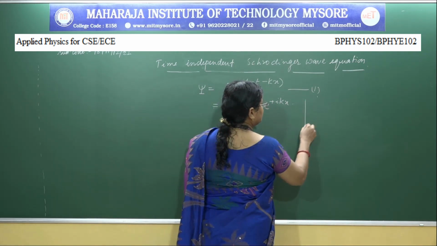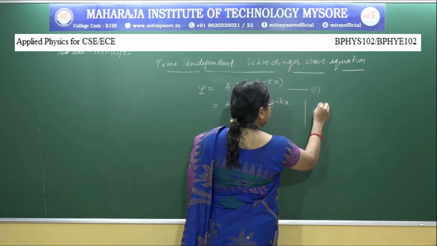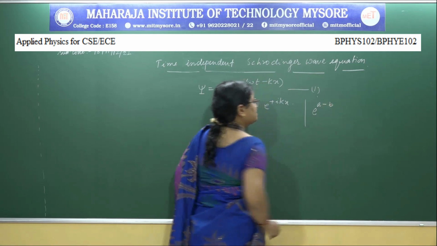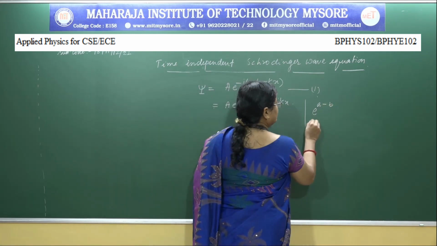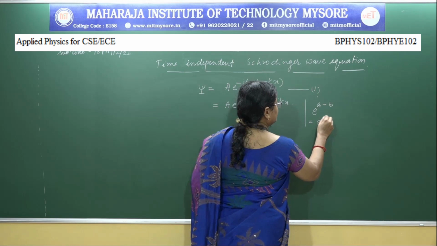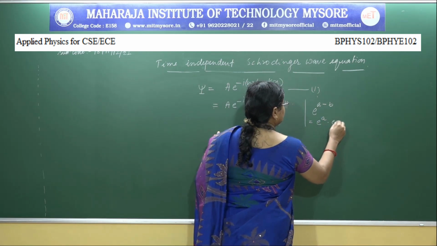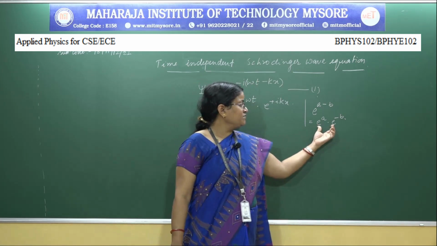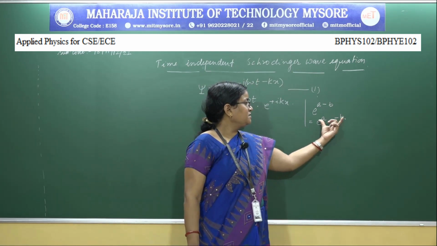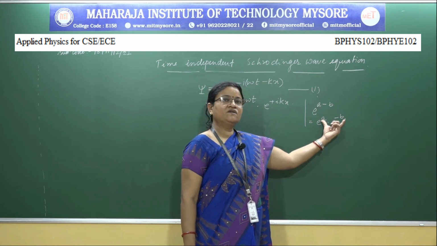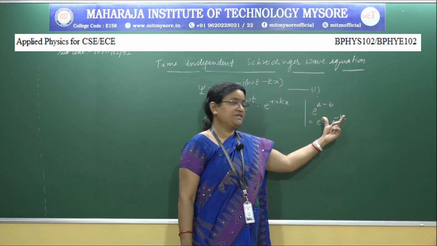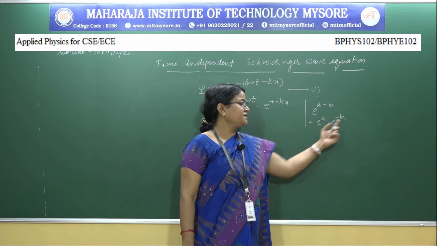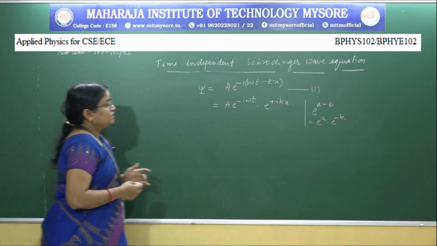This is how we separate. If exponential of a minus b is there, we can write it as exponential of a into exponential of minus b.